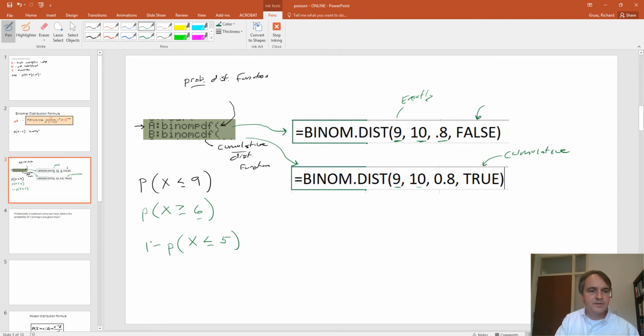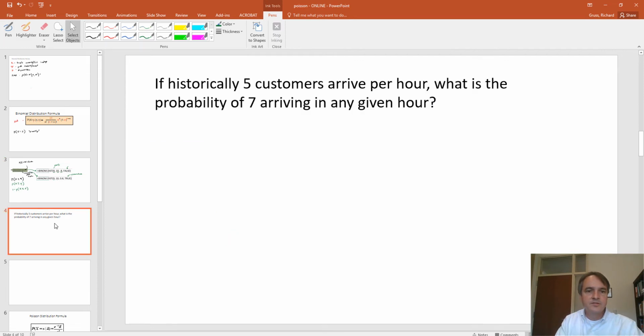Okay, so that's a review of the binomial distribution and how we used it. Let's say we have another realistic problem like this one. If historically 5 customers arrive per hour, what is the probability of 7 arriving in any given hour? Clearly this is a probability question.